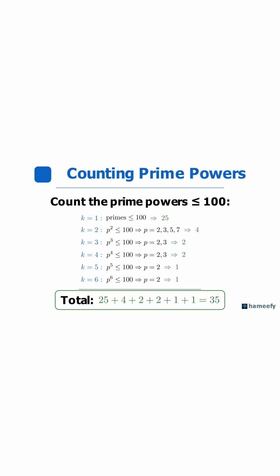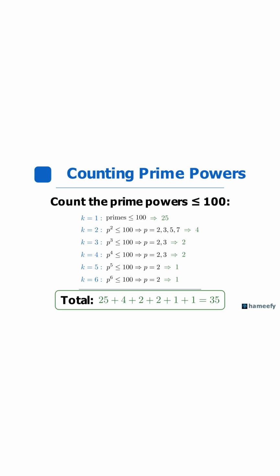For k equals 4, p to the fourth at most 100 gives p equals 2 or 3. That is 2. For k equals 5, only p equals 2 works. That is 1. For k equals 6, again only p equals 2, that is 1. The total is 25 plus 4 plus 2 plus 2 plus 1 plus 1, which equals 35.